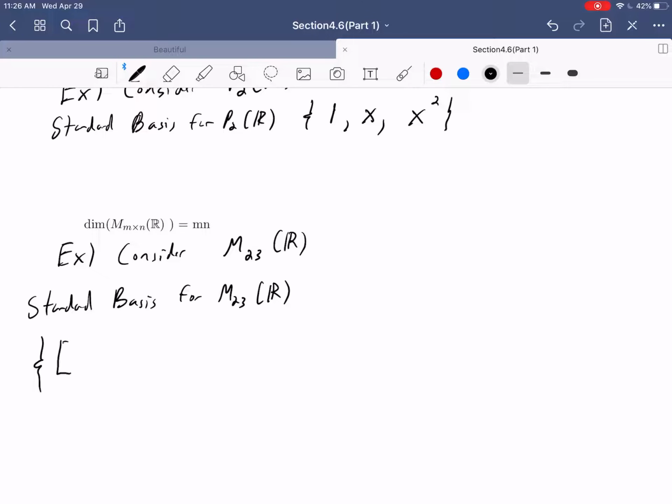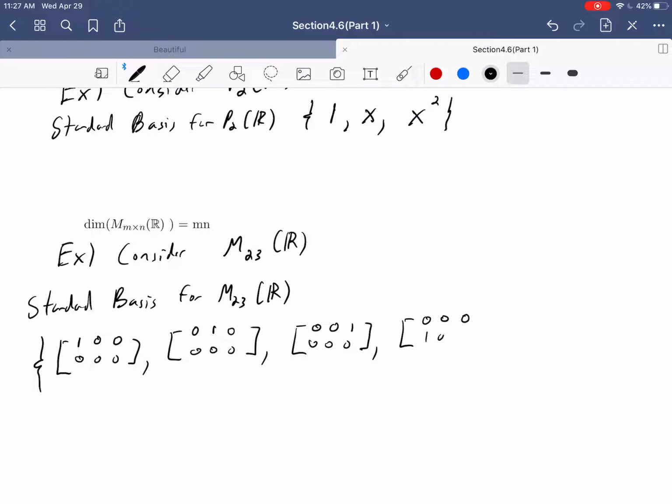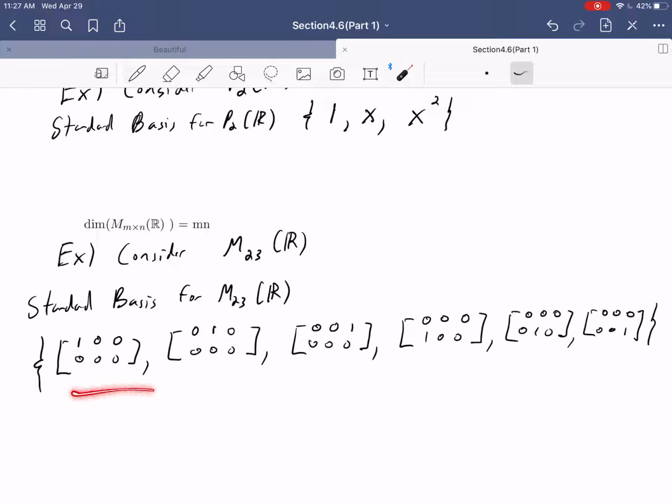So we could do things like 1, 0, 0, 0, 0, 0, and then 0, 1, 0, 0, 0, 0, and something like 0, 0, 1, 0, 0, 0, and 0, 0, 0, 1, 0, 0, and 0, 0, 0, 0, 1, 0, and then 0, 0, 0, 0, 0, 1, and there we go. How many vectors do we have in here? Well, we've got 1, 2, 3, 4, 5, 6, which makes sense because 2 times 3 gives us 6.